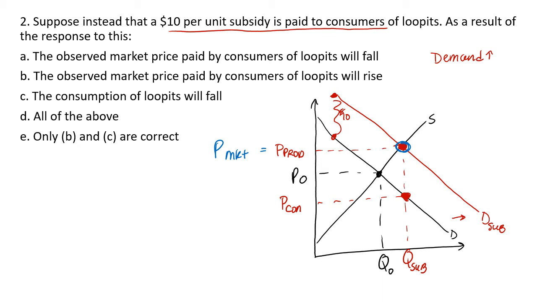Because the subsidy is given directly to the consumers, they pay more at the register for the good than they did otherwise, whereas before it was the producers getting the money later from the government. So this means now our observed market price has risen. So it has not fallen, it has risen. And consumption rises as well. So our answer here is just B.